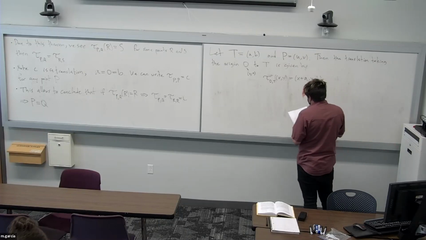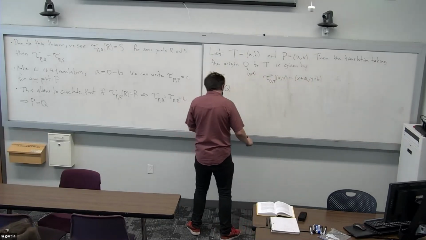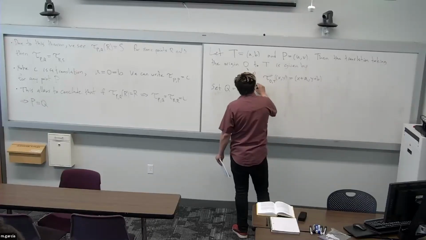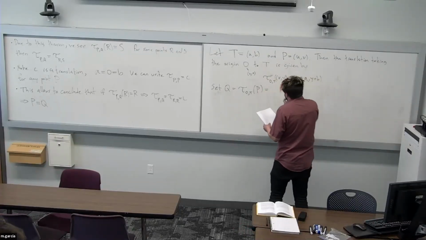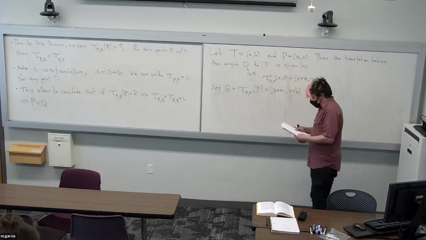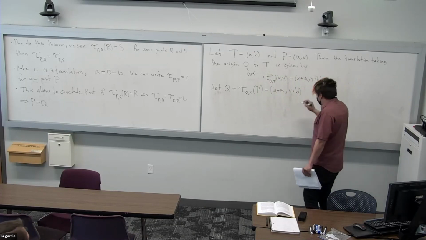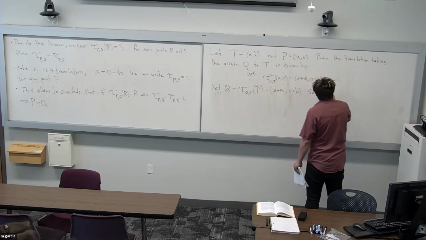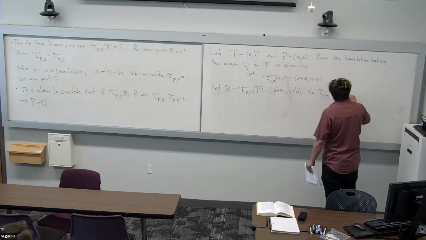So, let's set Q equal to this transformation, tau sub O comma T, evaluated on P. Or in explicit form, this gives us U plus A, comma V plus B. Okay, so by what we deduced over here, we know that tau sub O comma T is equal to tau sub P comma Q, right?